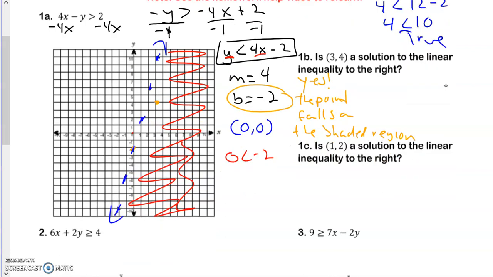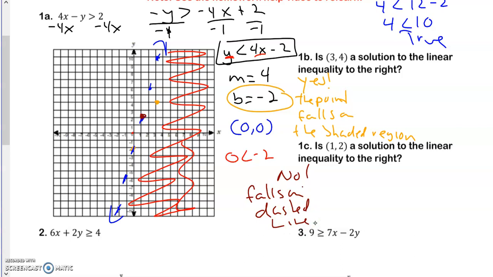Taking a look at the next one, I see that it is 1 and 2, which is right here. So it's right on the dashed line. Well, I know from the rules that dashed lines are never part of the answer, so I can say it falls on the dashed line.